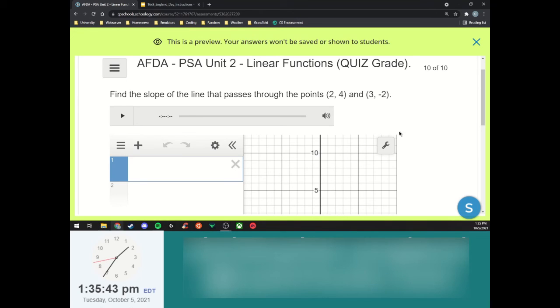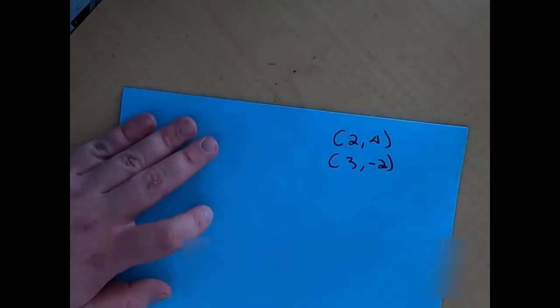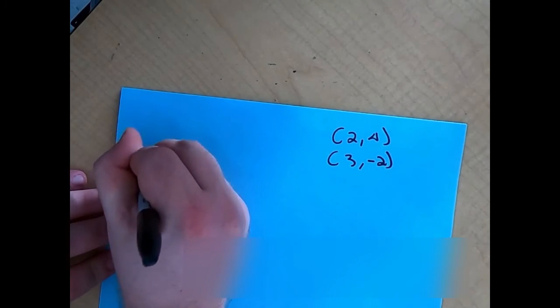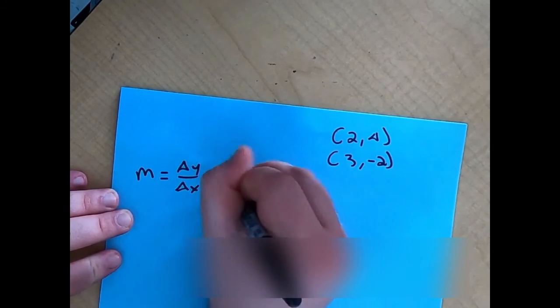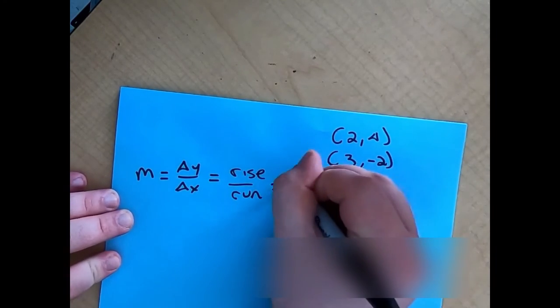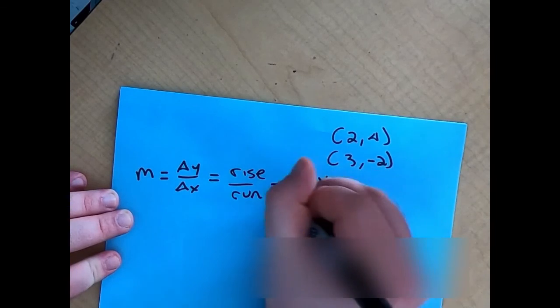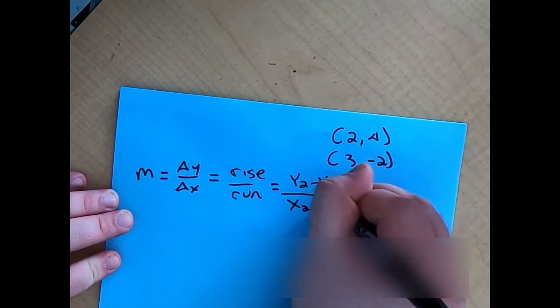All right, and then the final question. We're just asked to find the slope between two points. You all know how to do that, right? Our slope formula, change in y over change in x, which equals rise over run, which equals y2 minus y1 over x2 minus x1.